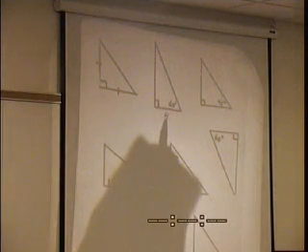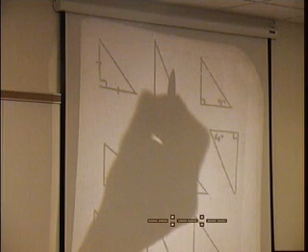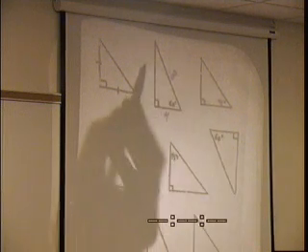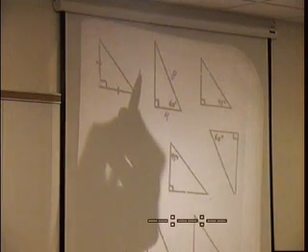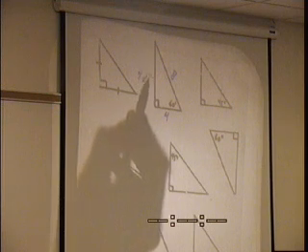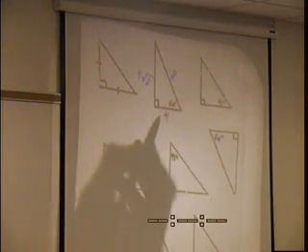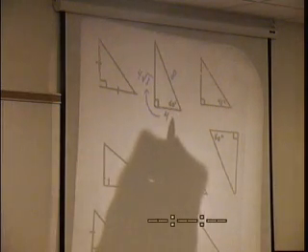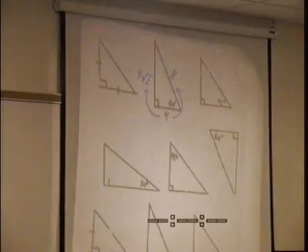It's 4. What's the hypotenuse? 8. 8. And this side is 4 square root of 3. You always multiply the short leg times root 3 to get the long leg. You always multiply the short leg times 2 to get the hypotenuse.